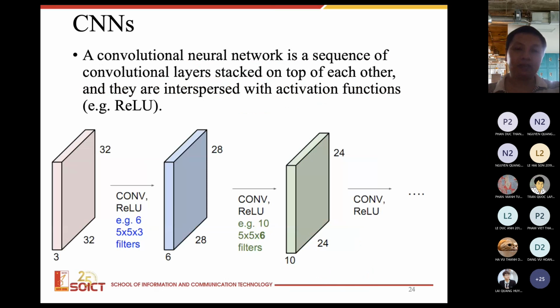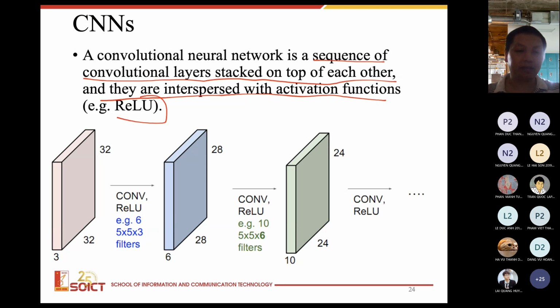A CNN, a convolutional neural network, is a sequence of convolutional layers stacked on top of each other, interspersed with activation functions, for example ReLU or tanh or sigmoid, whatever. Here is an example.